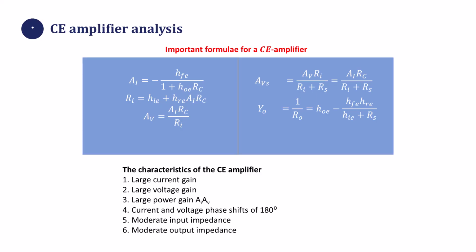It introduces a current and voltage phase shift of 180 degrees between input and output, and it offers moderate input impedance and moderate output impedance, which makes it easy to connect between other stages. This combination of high gain and moderate, well-behaved impedances is exactly why the common emitter configuration is the default choice for a general purpose amplifier stage.